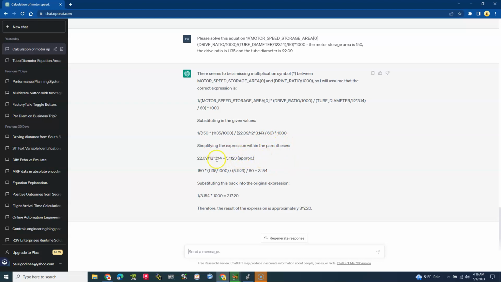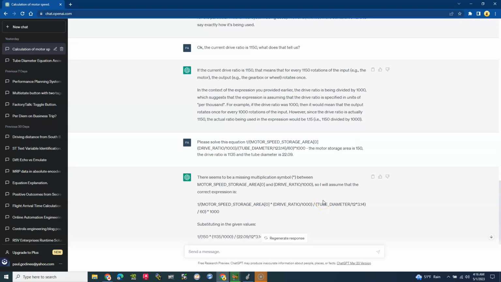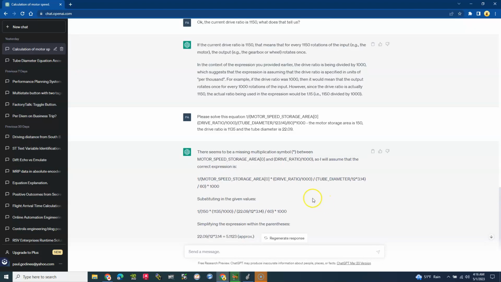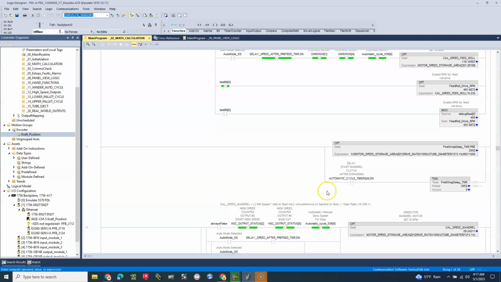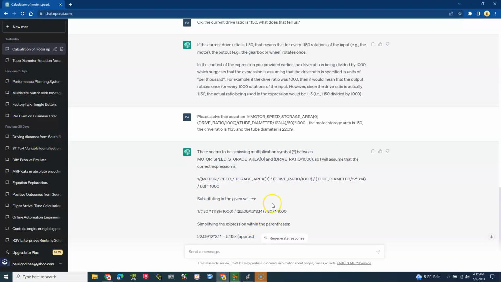Simplifying the expression with the parentheses, substituting this back into the original expression. Therefore, the result of the expression is approximately 317.20.